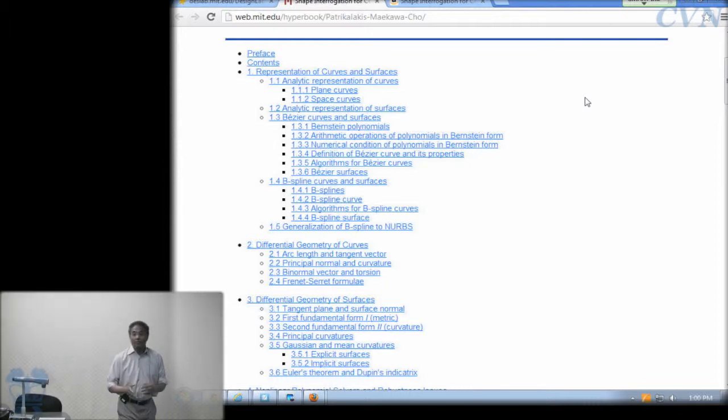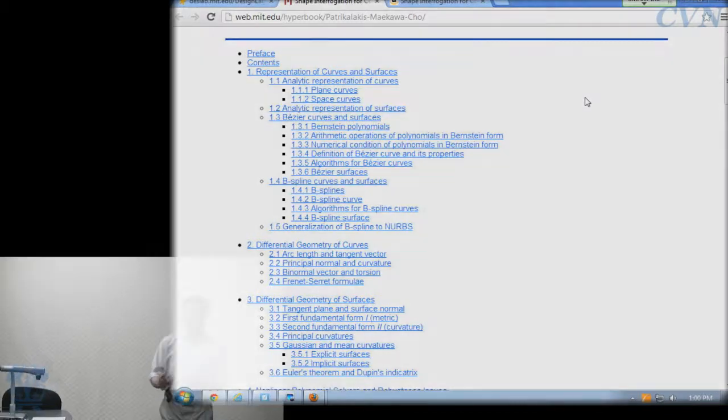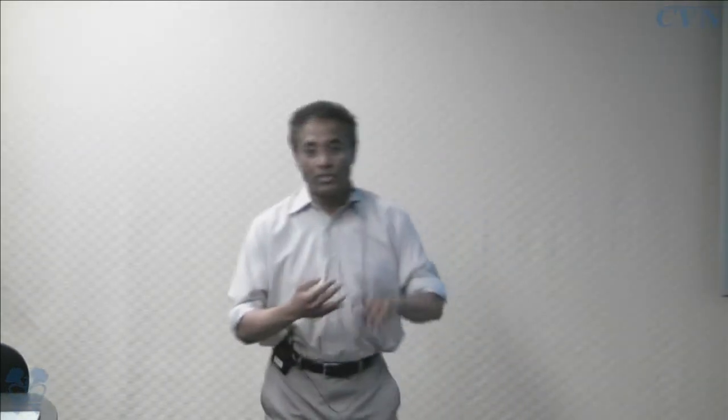But in the later part of 20th century, when people started building CAD systems, they realized that this mathematics provides the core foundation for the CAD system. So one of the things I emphasize in this course is that this mathematics is not only beautiful, but also very useful. And one of the things we talk about is how they are useful, why they are important.